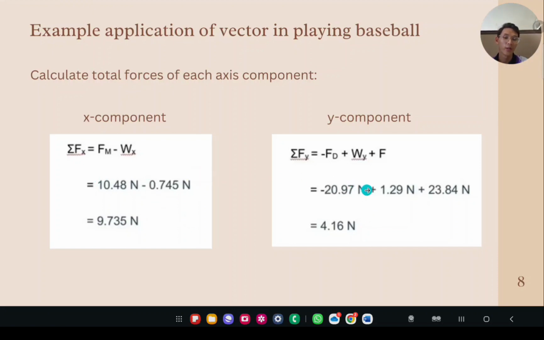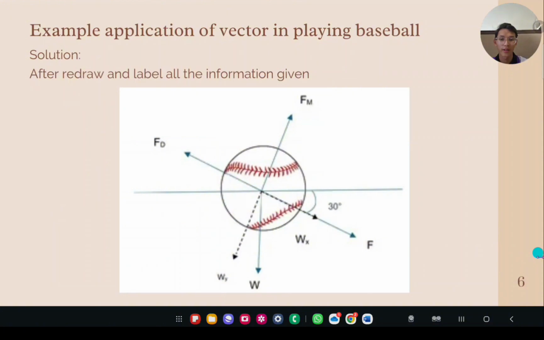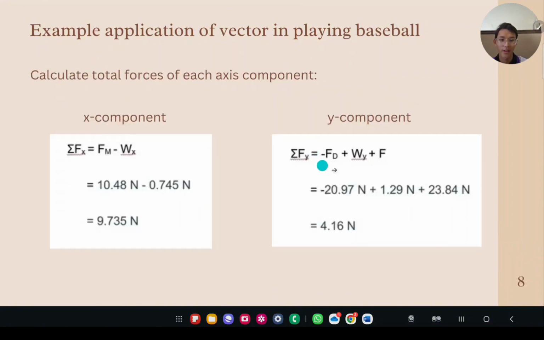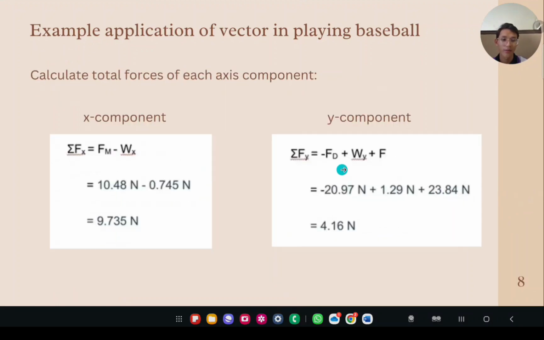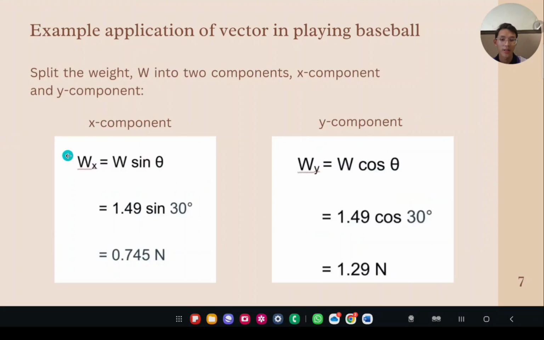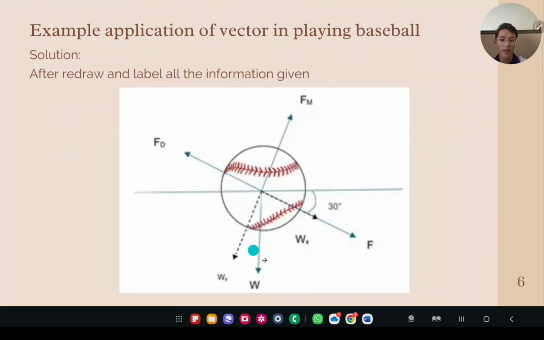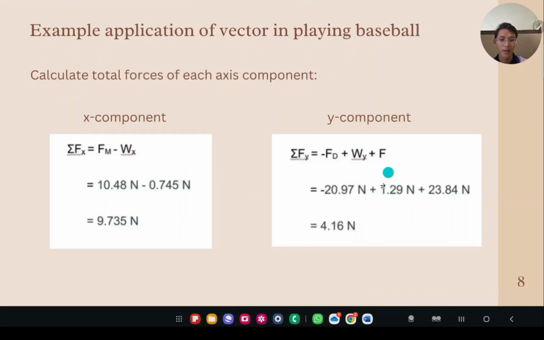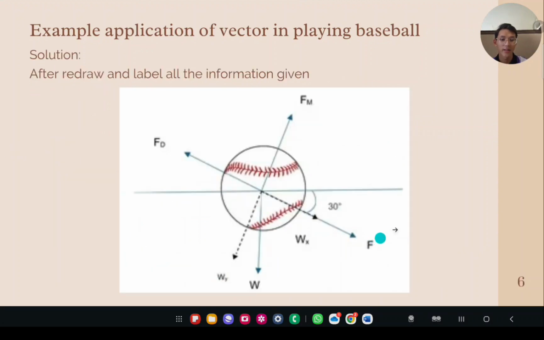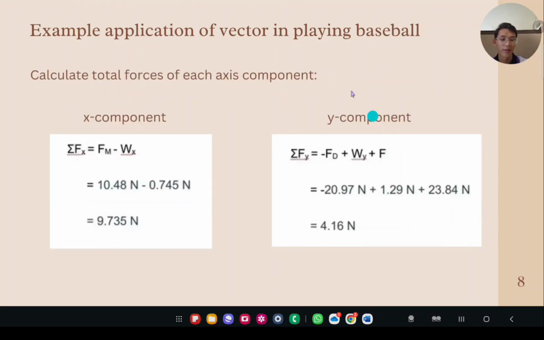For the y component, we got negative FD because it acts backward, and Wy is forward, and F is also forward.